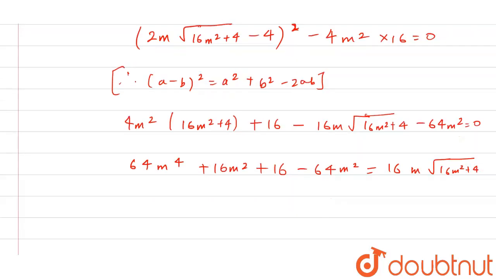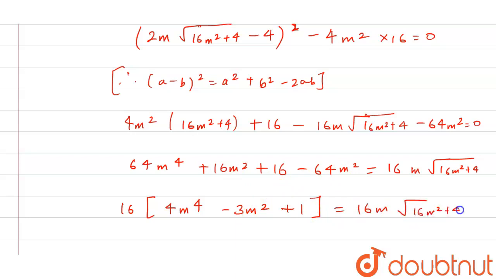So now, if we take m square common, first of all this 16m square and minus 64m square, we get minus 48m square, and if we take 16 common, we get 4m power 4. Similarly, this is minus 48m square, so we get minus 3m square and plus 1, and that is equal to 16m under root 16m square plus 4.